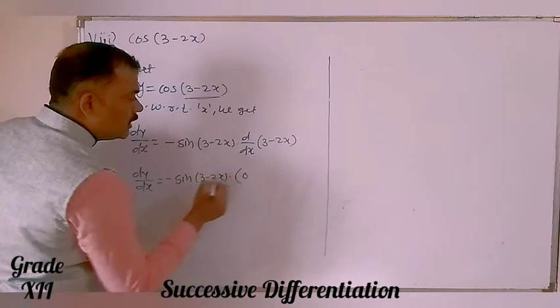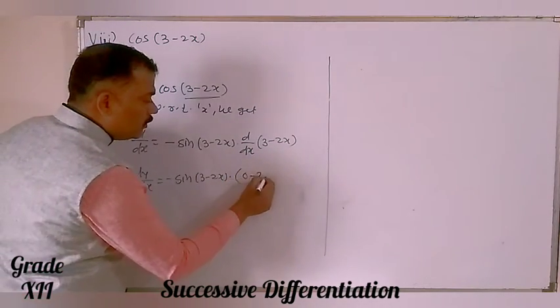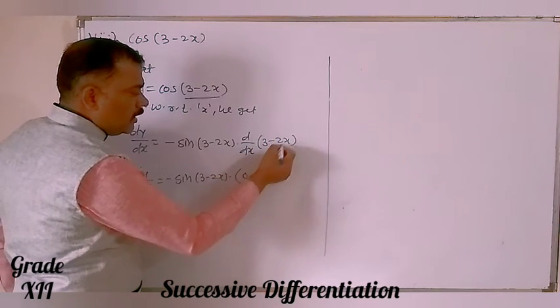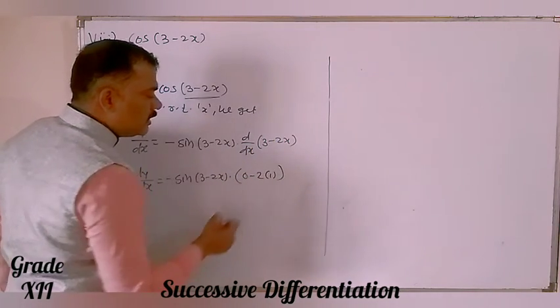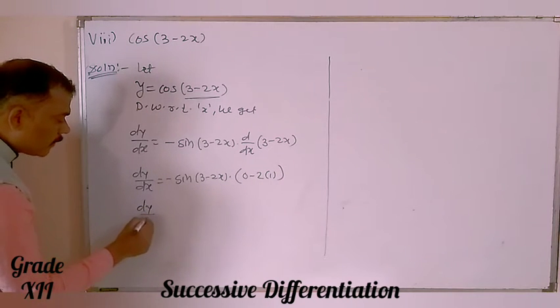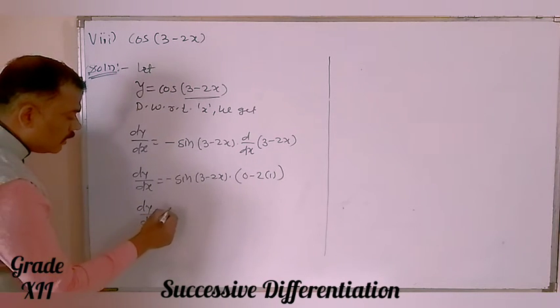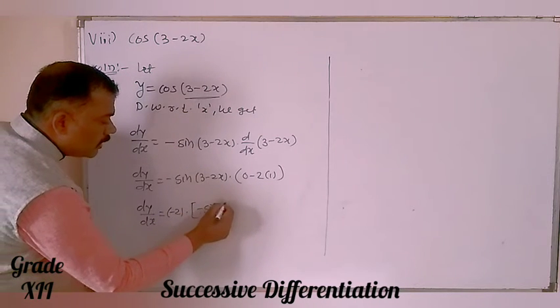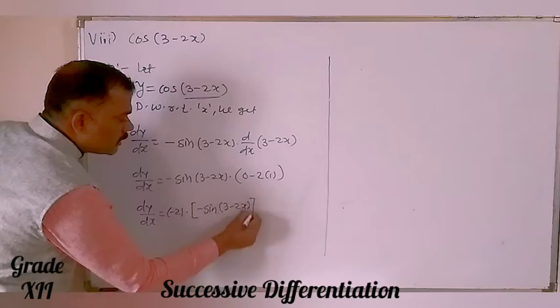3 is a constant, its derivative is 0, minus, we take the constant outside the derivative from the second term, and the differentiation of x with respect to x is 1. So we get minus 2, that is dy by dx is equal to minus 2 into minus sine of (3 minus 2x).